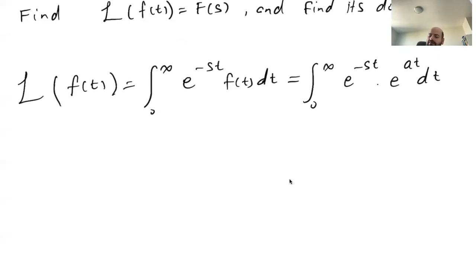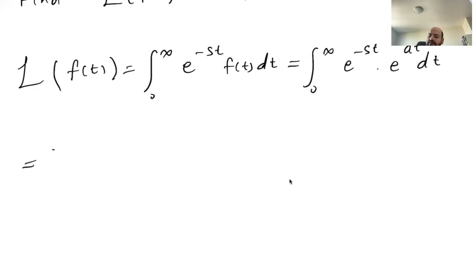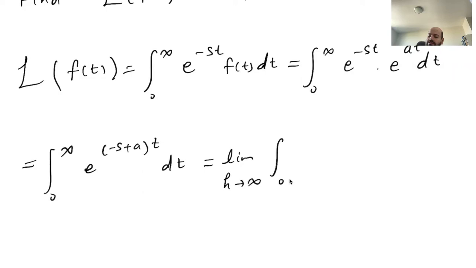Same base, different powers, so I can just add the powers. And then I'll get integral 0 to infinity e to power minus s plus a t dt. And I can write this as limit h goes to infinity, integral 0 to h, e to power minus s plus a times t dt.